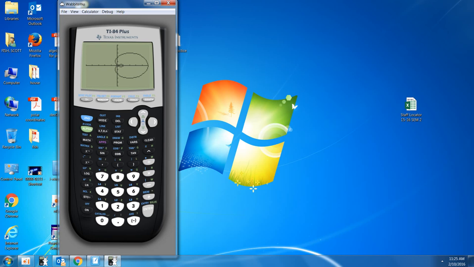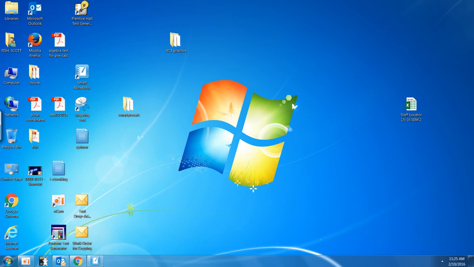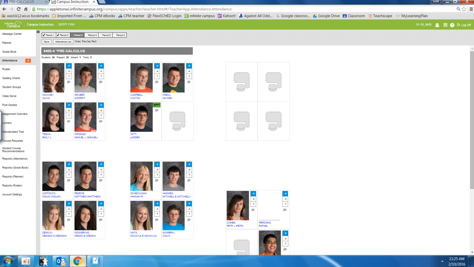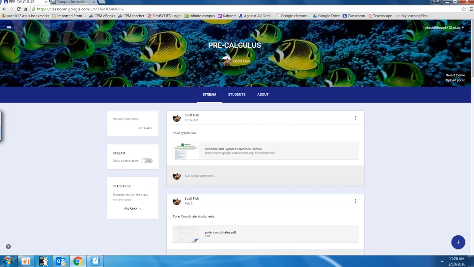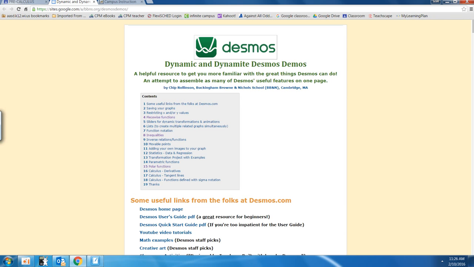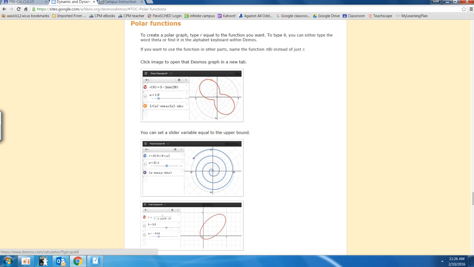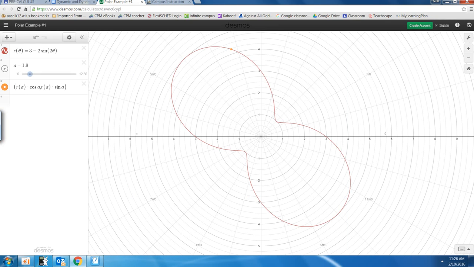Now, there's one more thing I want to show you. I put a link on the Google Classroom, and that is a polar graph link on there. If you click on that, look what happens. You can go through and hit polar functions, and you can see that it can load different things very quickly on your computer.